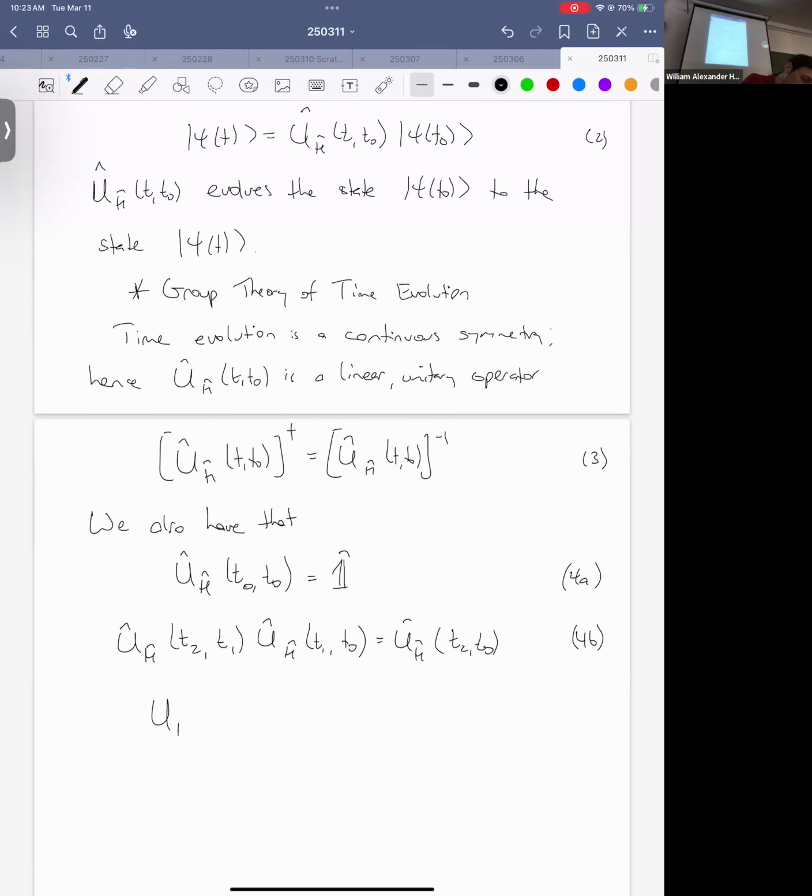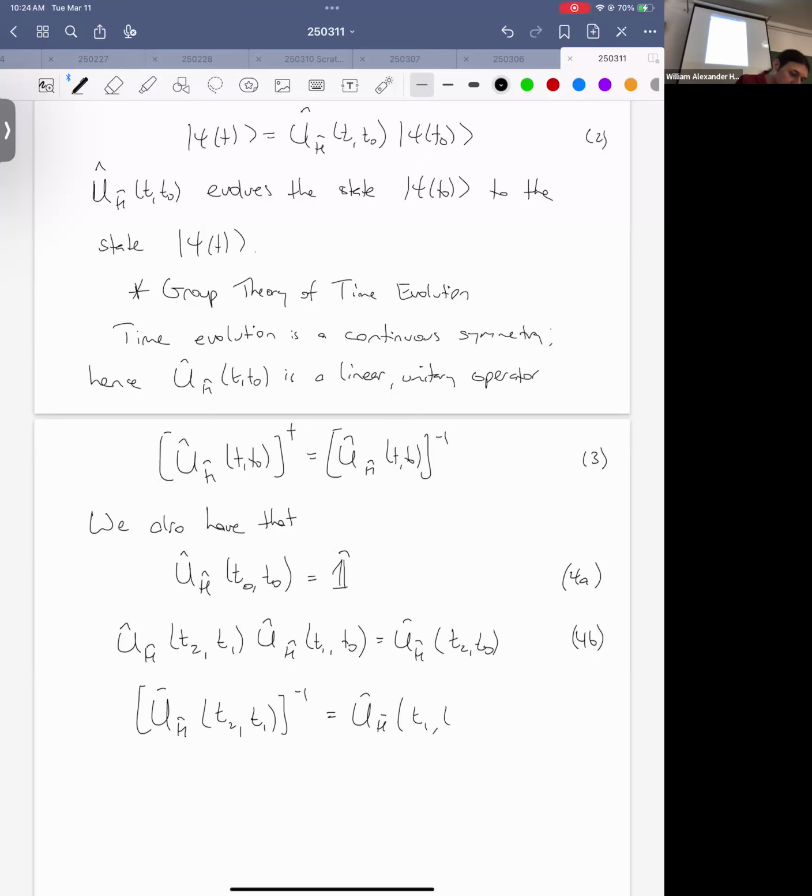We also have the composition rule for time evolution. Suppose I evolve from time t0 up to time t1, and then I evolve from time t1 to time t2. What do you think is the total time evolution operator? What does it take me from, and what does it take me to? Yeah, t0 to t2. Very good. Finally, suppose I'm going from t1 to t2, and I am considering the inverse of this. How would I write this as an operator in terms of t1 and t2?